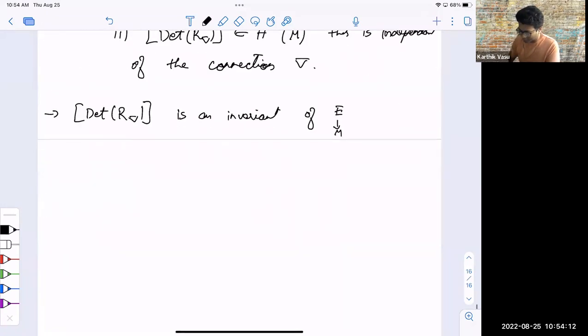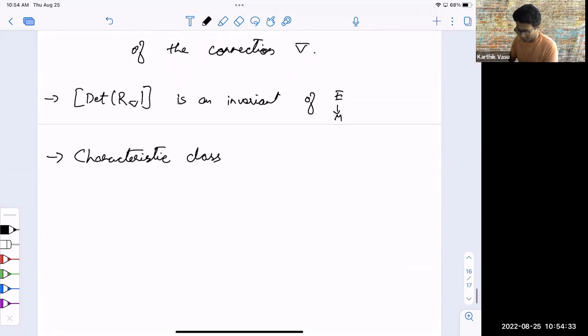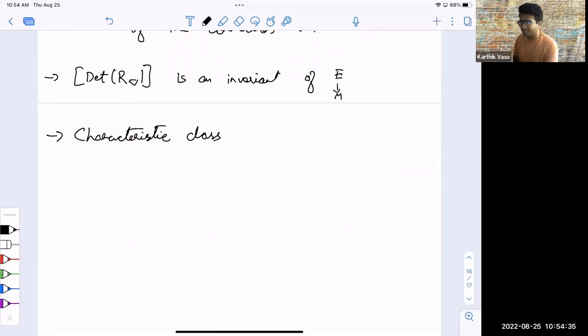So this can be defined topologically, or this is called a topological invariant, and this is an example of a characteristic class. Okay, right. So this is what I had done till last time. Were there any questions for this?